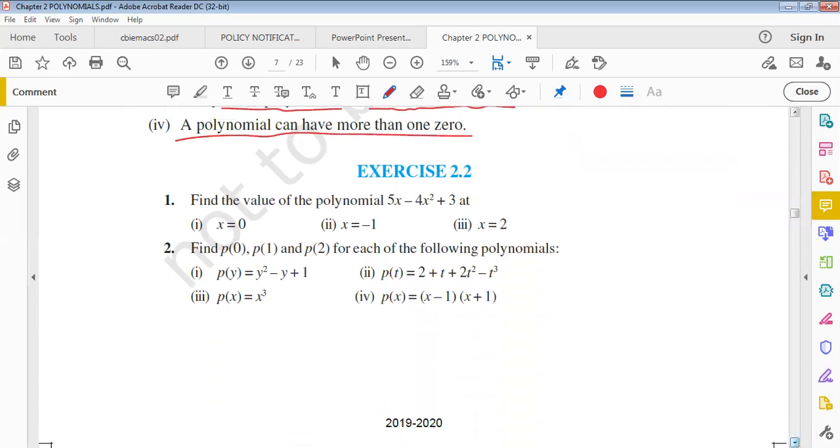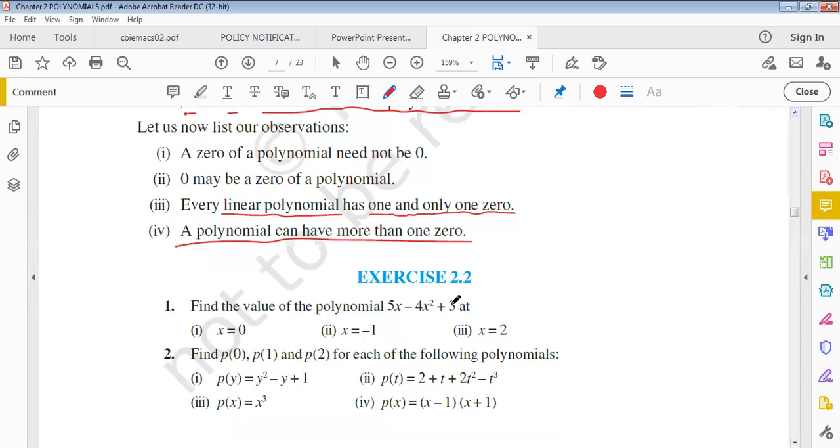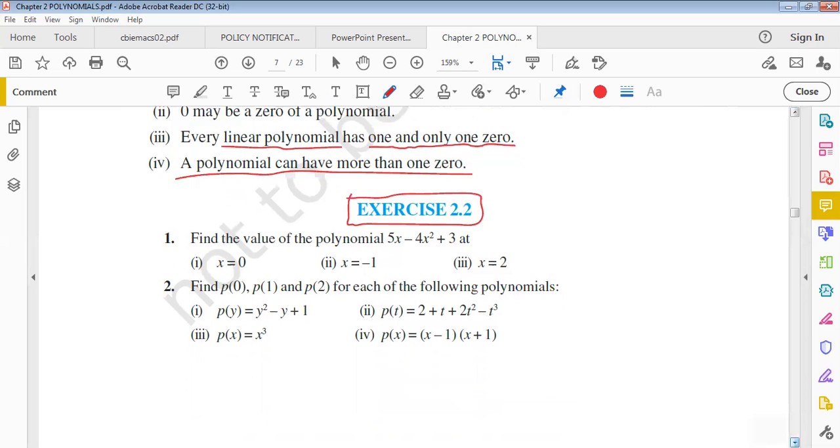So this is all about how we can find out the zeros of the polynomial, and in the next class we will solve the problems from exercise 2.2. Till then you should try to find the value of the polynomial in equation 1 and try to solve the remaining questions of exercise 2.2.